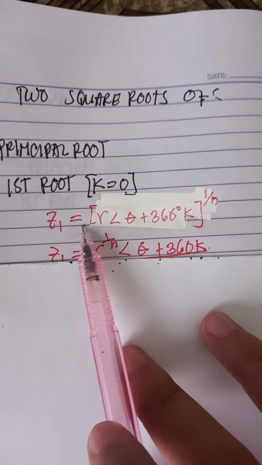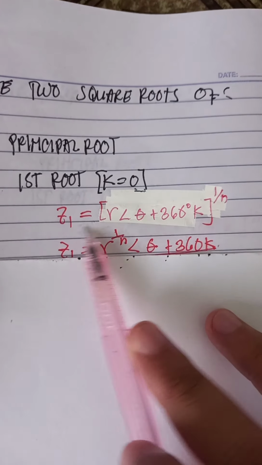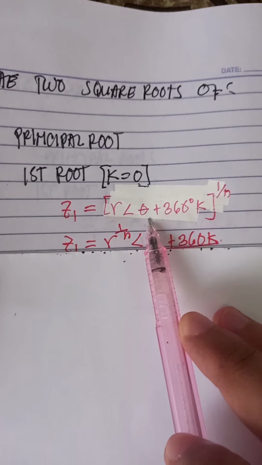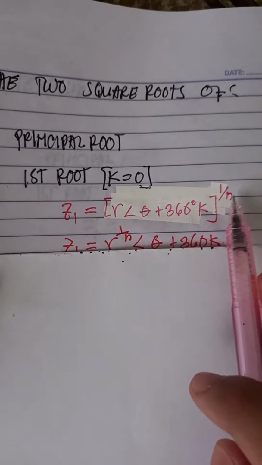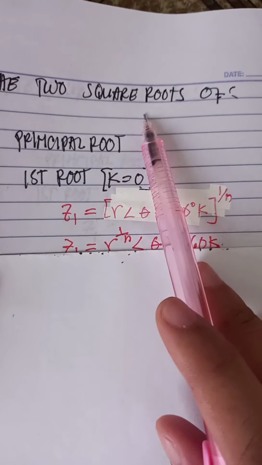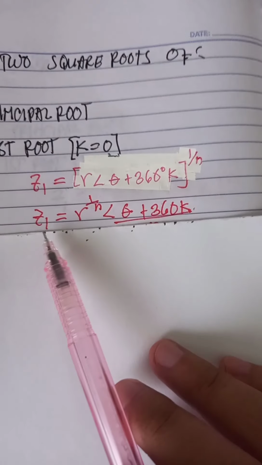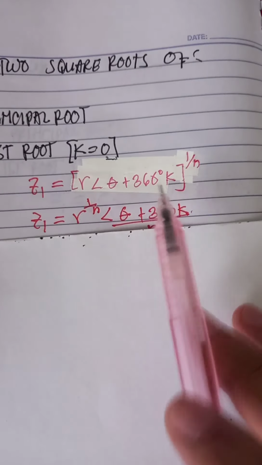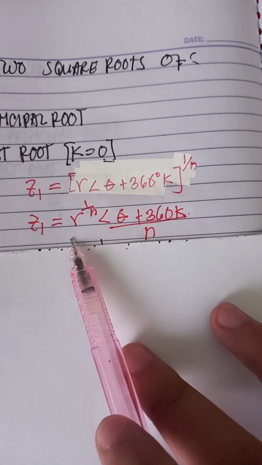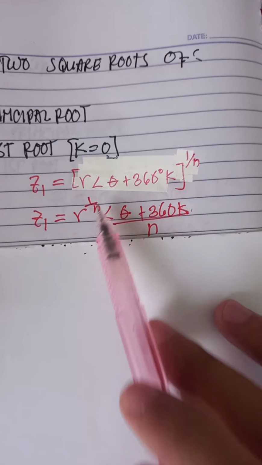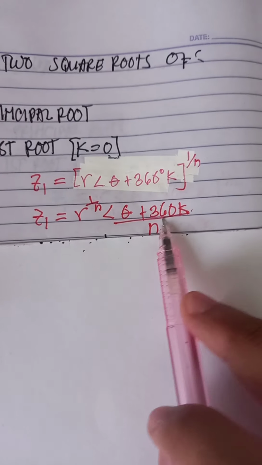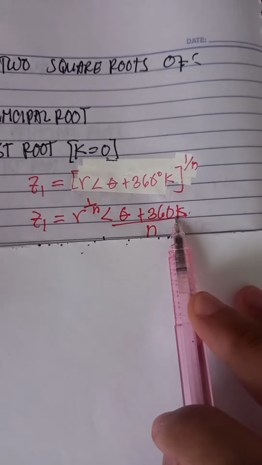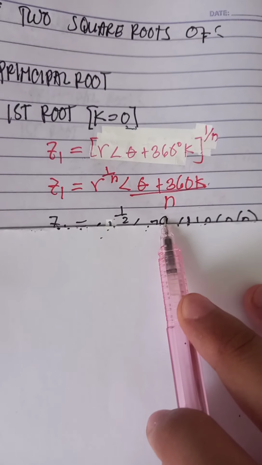We have here the formula of the principal root. z1 is equal to r raised to 1 over n, angle of theta plus 360 degrees times the value of k, over n. The value of n is 2 because it is a square root.